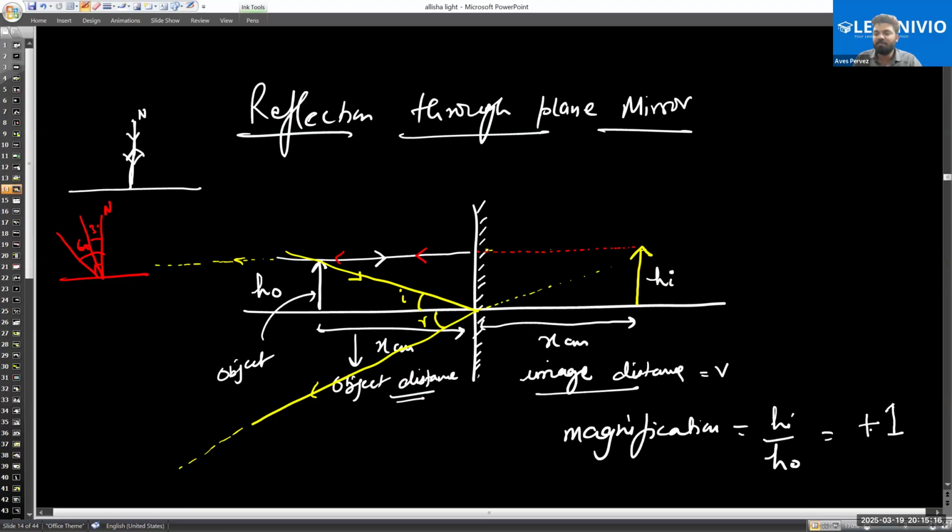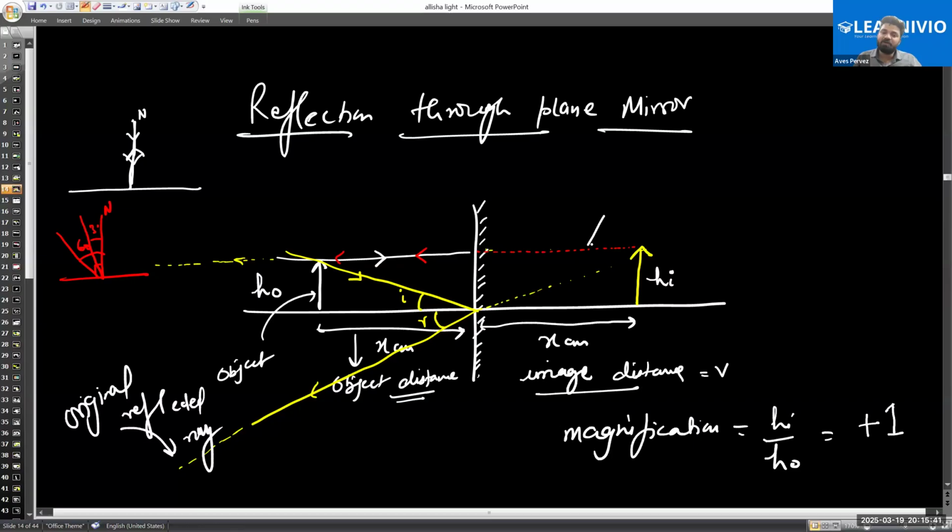And the plus sign and minus sign indicate the real and virtual image. Since the original reflected rays are not meeting, you see that these are the original reflected rays. If they are not meeting, then they will meet at the back of the mirror.